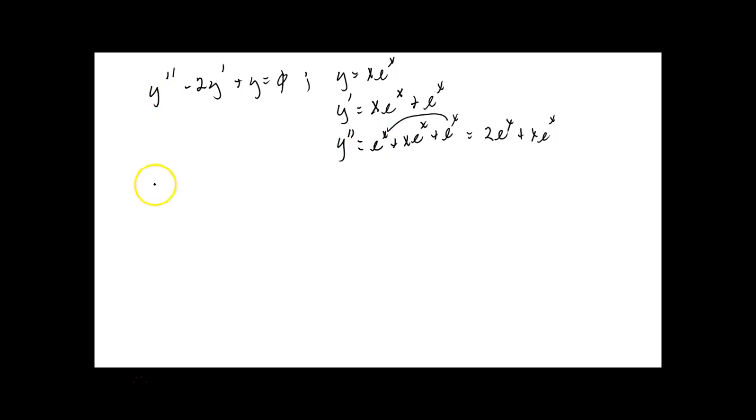So y double prime is 2e to the x plus x e to the x, minus 2 times y prime, x e to the x plus e to the x, plus y, which is x e to the x.